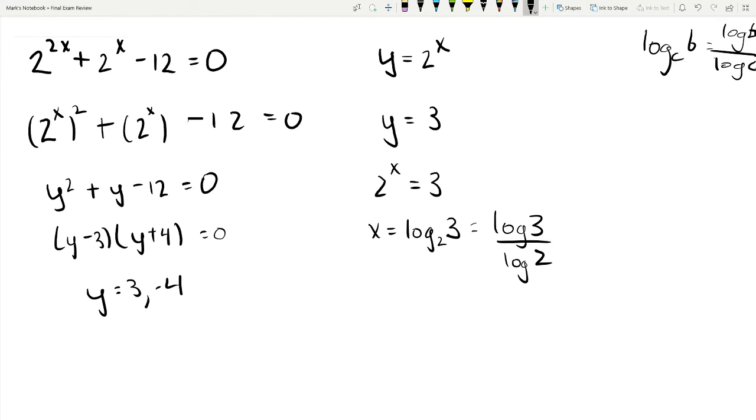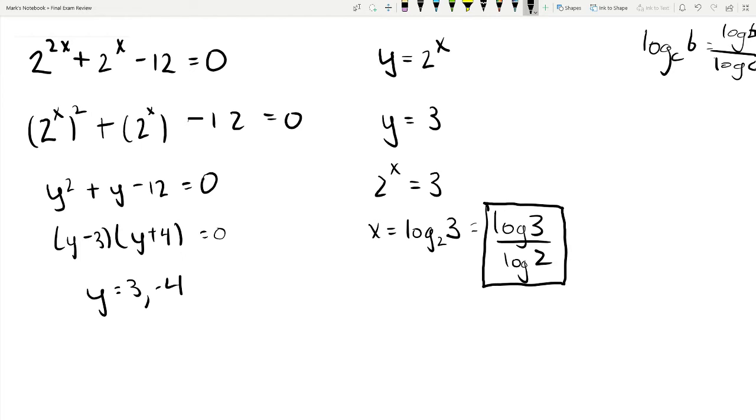The way that I kind of remember this is that 3 looks a little bit higher than the 2, so I'm just dividing log of 3 and log of 2, because 2 looks like it's almost on the bottom anyways. So if you needed to figure out an exact answer by plugging this into your calculator, just take log 3 divided by log 2. So that's going to be one solution.